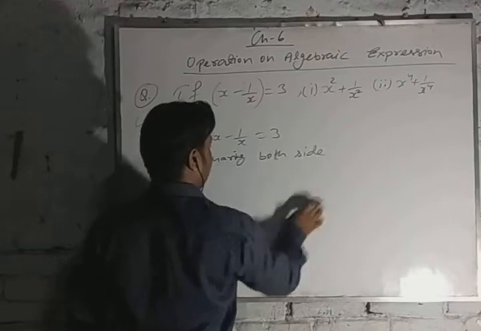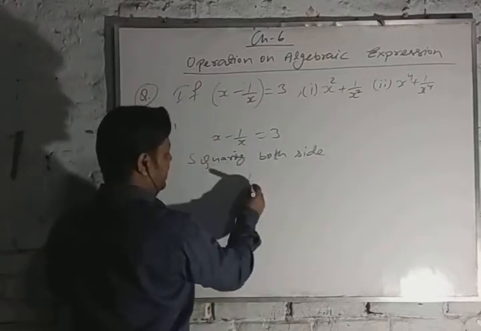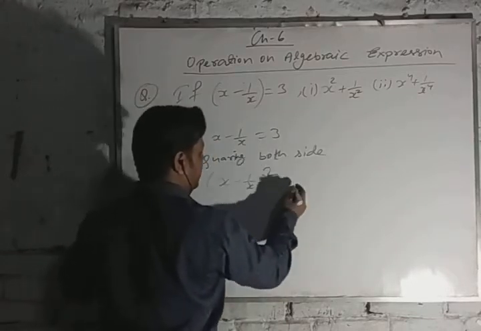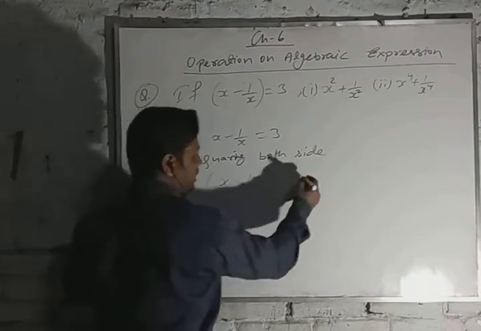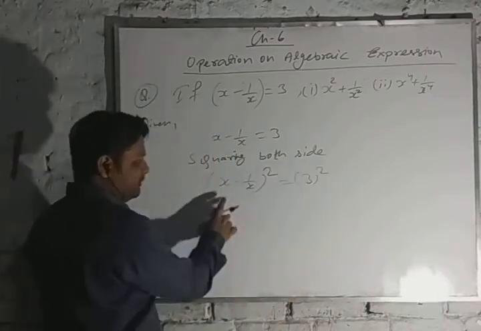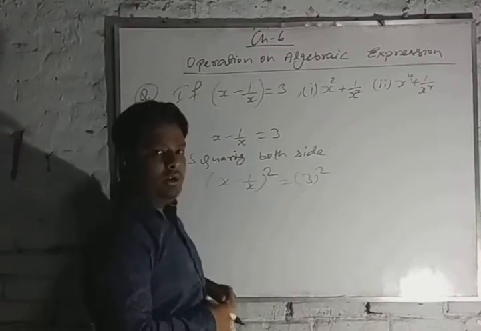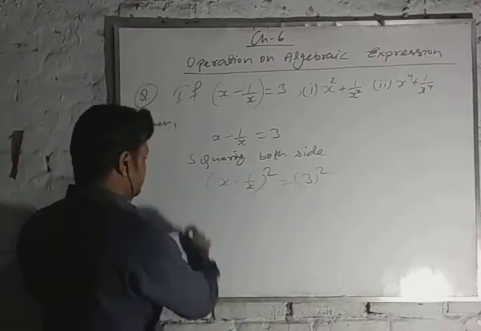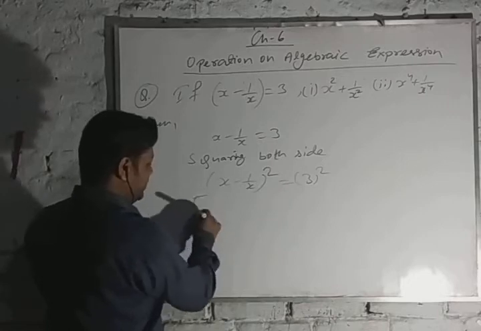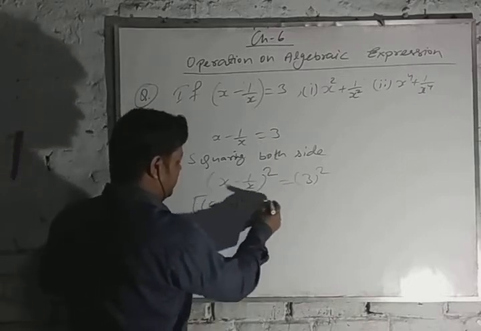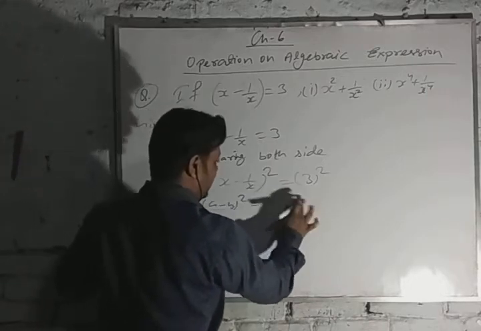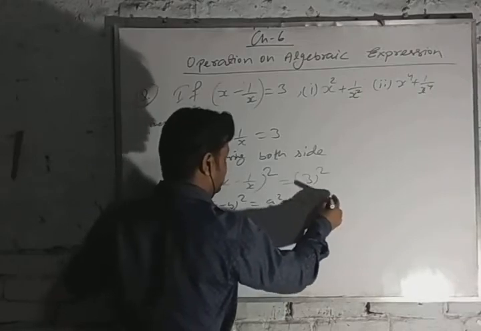Squaring both sides. Then x minus 1 by x the whole square is equal to 3 square. Now it is in the form of a minus b square. Then a minus b square is equal to a square plus b square and then minus 2ab.